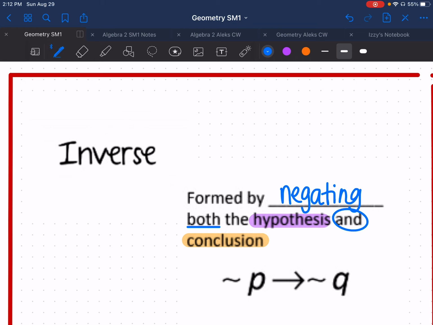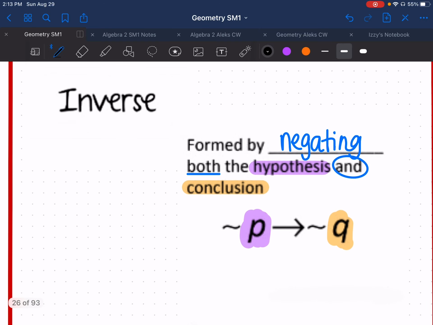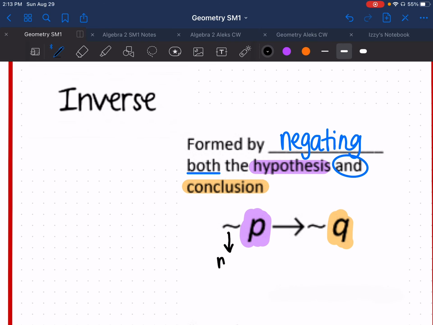You have to say, if not the hypothesis, then not the conclusion. They must both be negated. And just remember if the word not is already there, we don't add it again. We don't say it's not not raining. We simply would say it is raining.